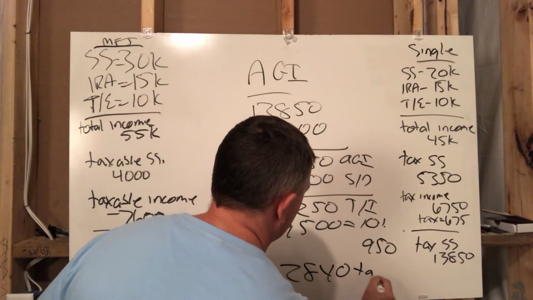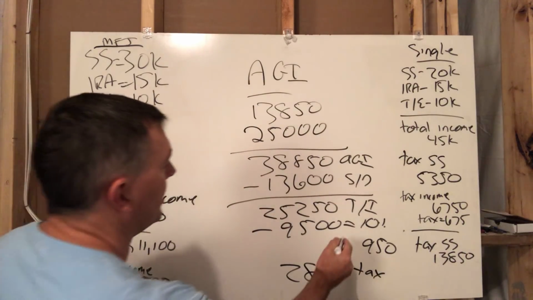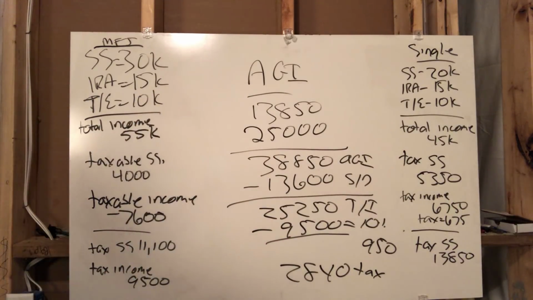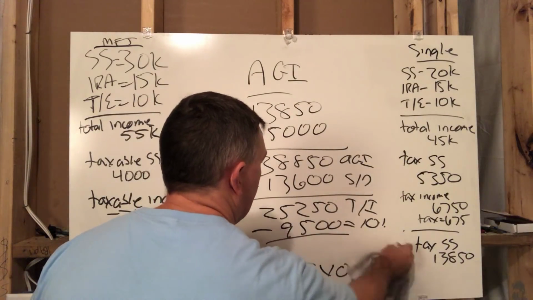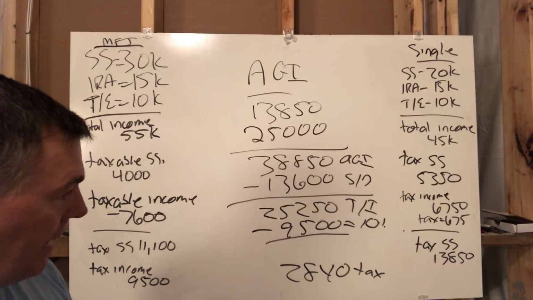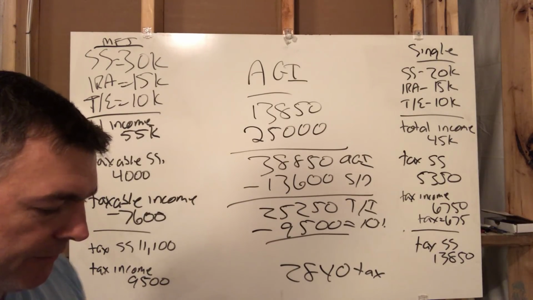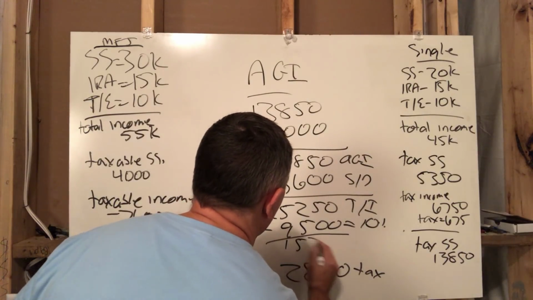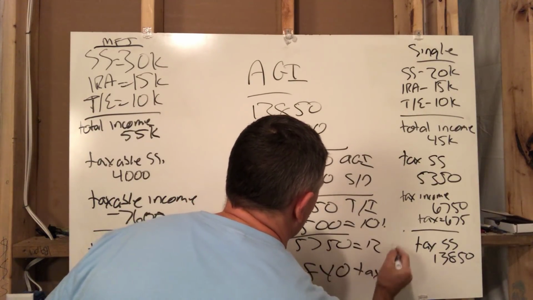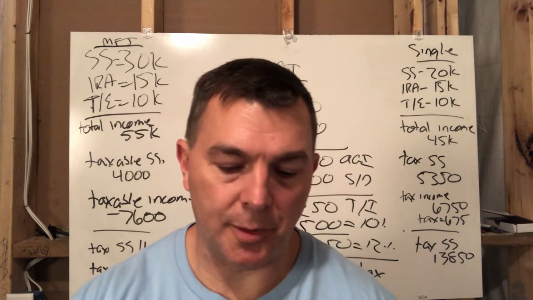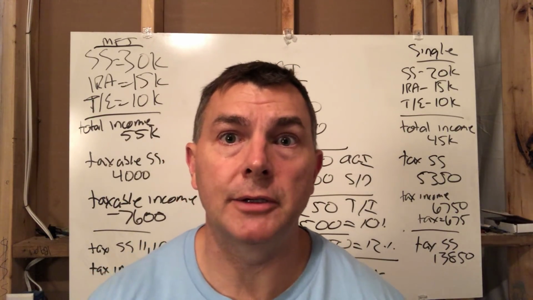So $2,840 of tax. Hold on just a second, my friends. The difference is that the single taxpayer has a different tax bracket than married filing jointly.